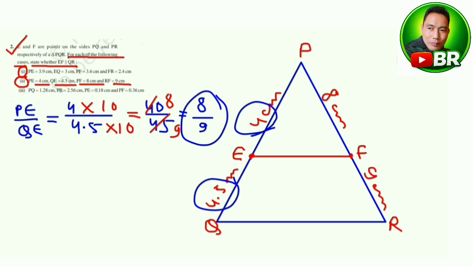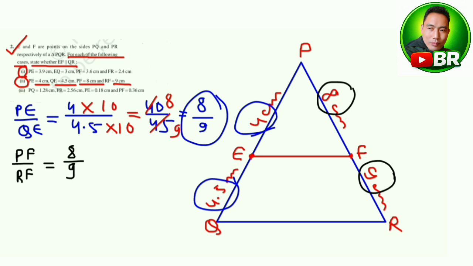Now, let's find the ratio of side PR, and we can write PF by FR or RF. PF is equal to 8 centimeter and RF is 9 centimeter.